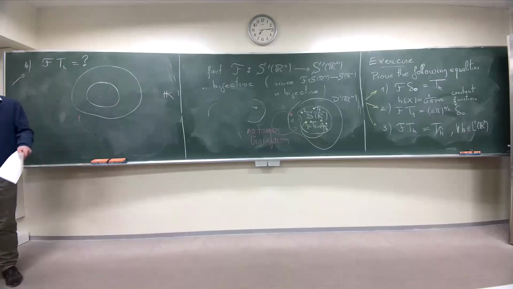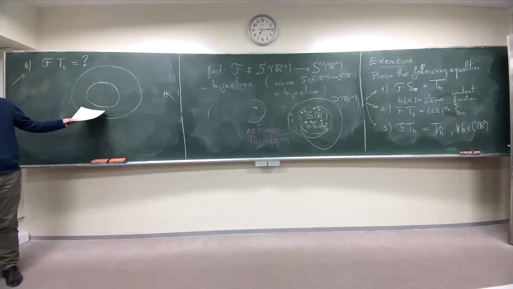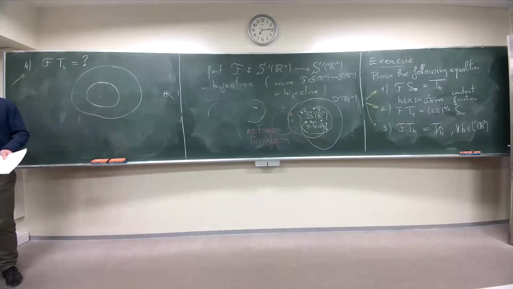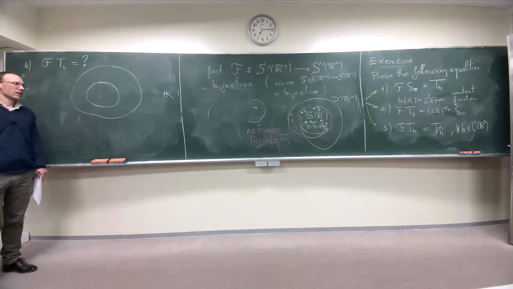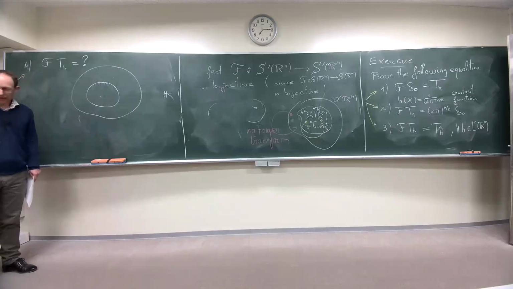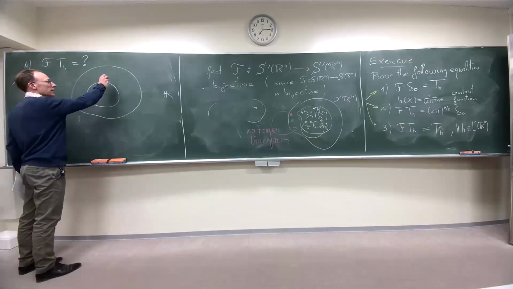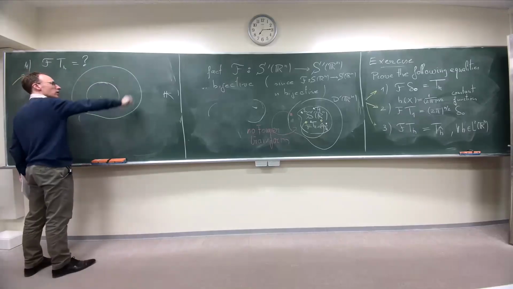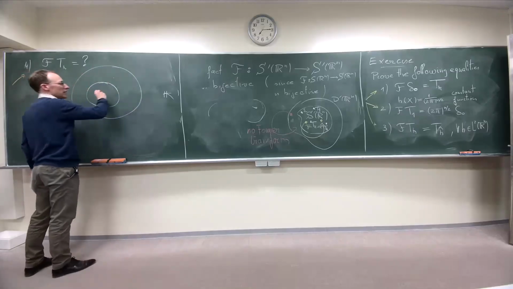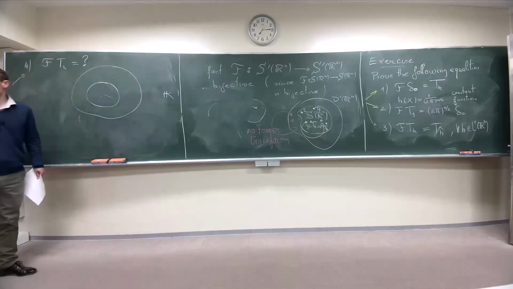You have more constraints when you check it on a bigger set, so you have fewer functions. And automatically, the functions from the bigger set always satisfy the smaller set's condition, because if a function satisfies a certain property on the bigger set, it also satisfies it on the smaller set because it is inside.